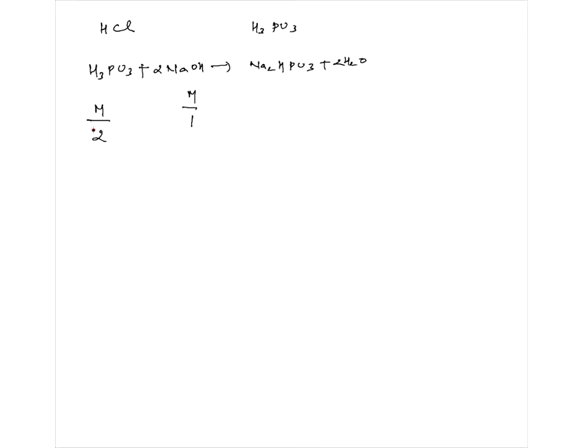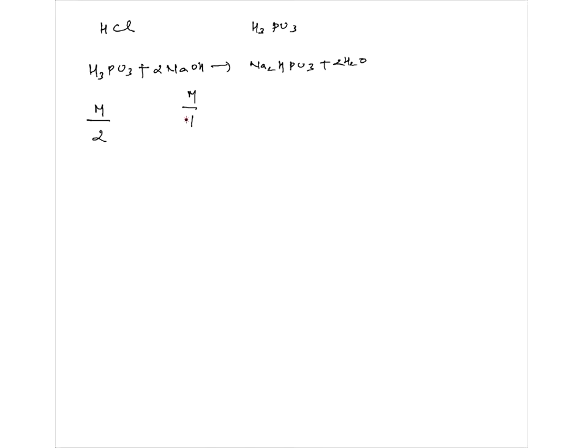M is the mass. What about the equivalent weight of a base? Well, same way, it is the mass divided by the acidity of the base. How many OH groups are getting replaced? NaOH is a simple case. It has got only 1 OH group.